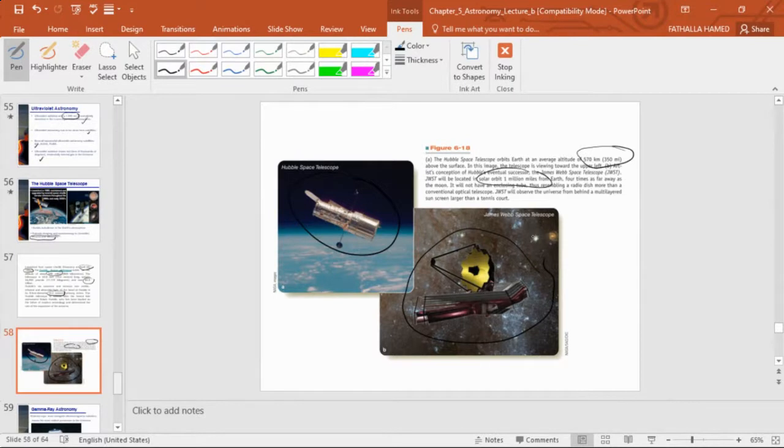This is more advanced than the Hubble telescope and allows us to see greater detail. It's going to be at an altitude of about 1 million miles above the Earth, unlike the Hubble telescope. Let me share my whole screen with you, just to show you something from the NASA website.